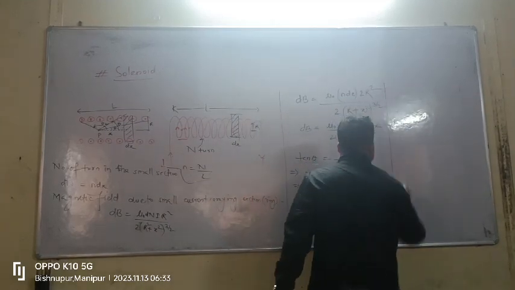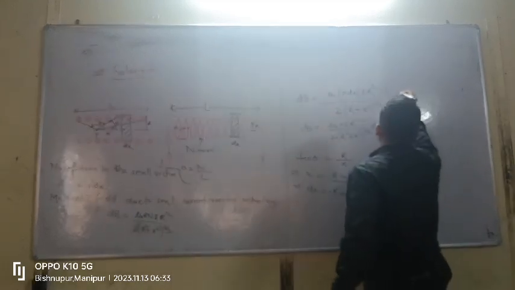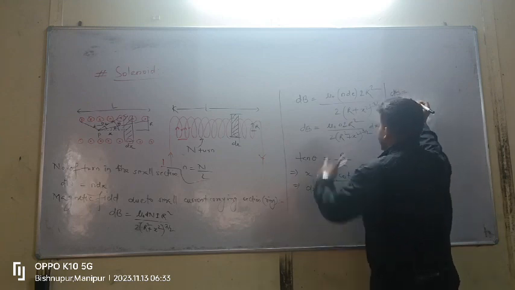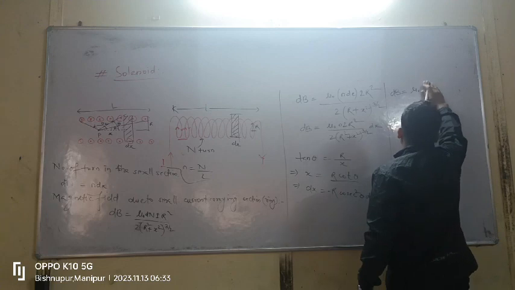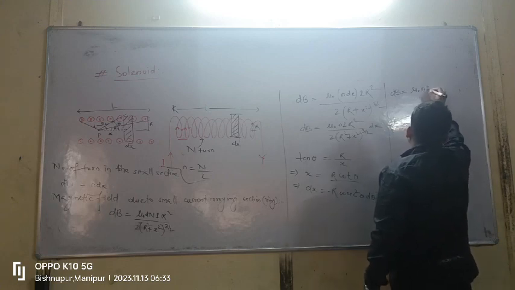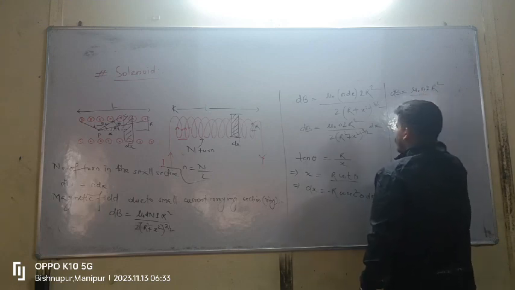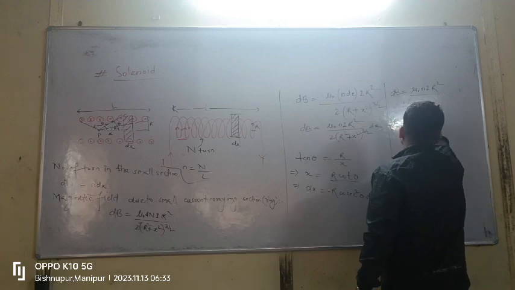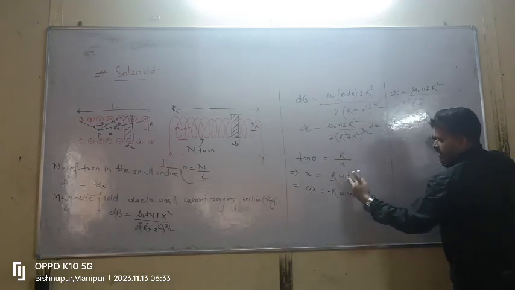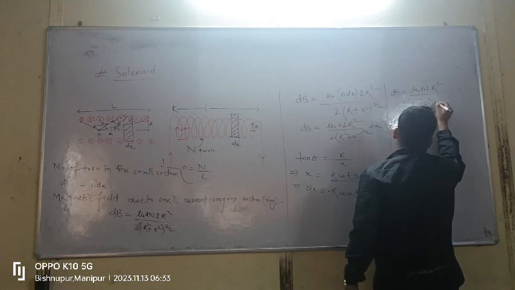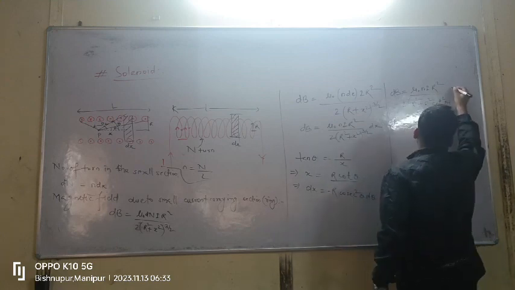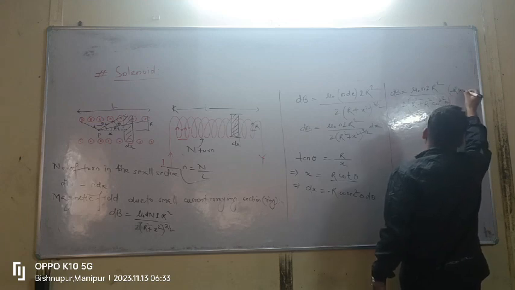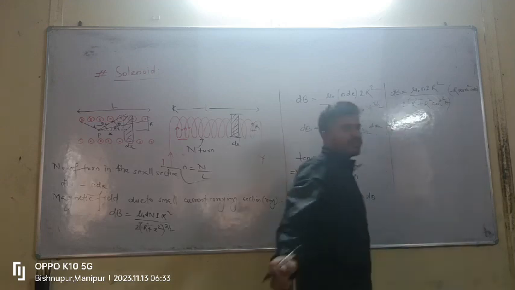Now let's plug this value. dB equal to mu naught n I r square upon 2 into r square plus, in place of x, r square cot square theta, no? Yes or no? In place of dx, minus r cosec square theta d theta. Is it clear to everyone?